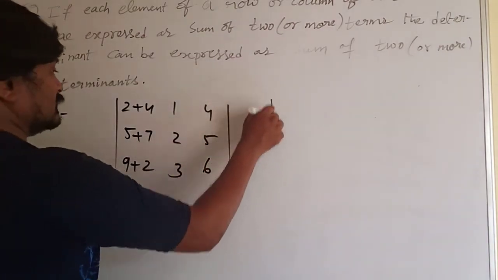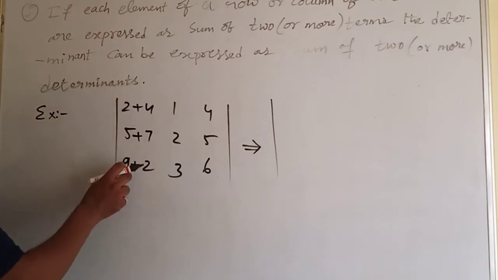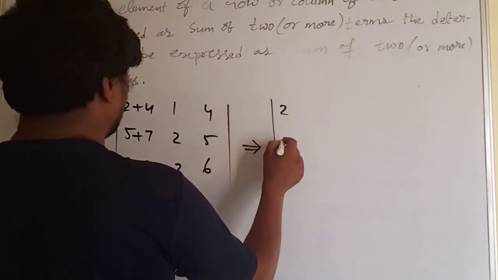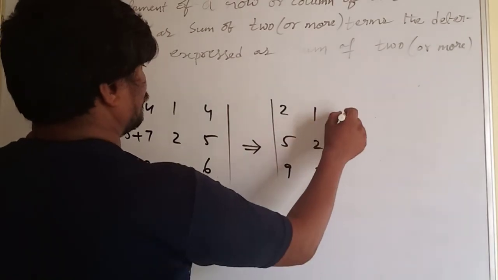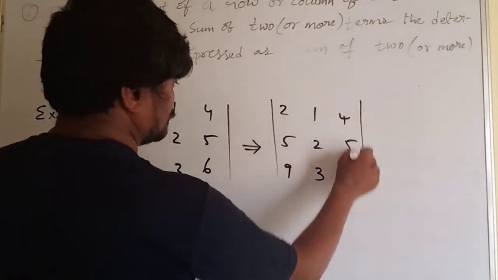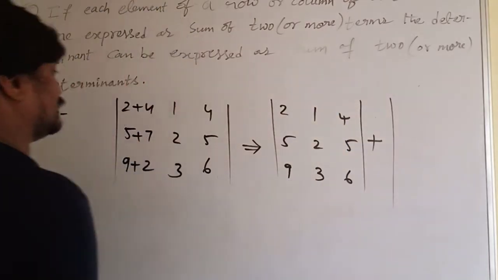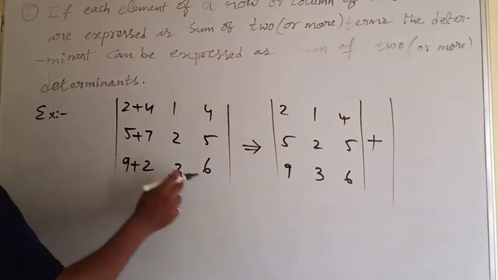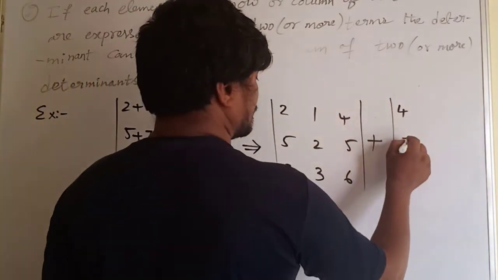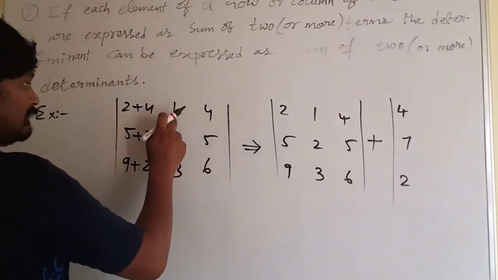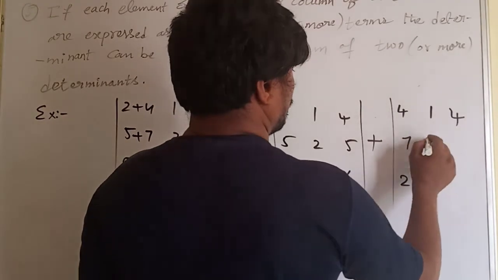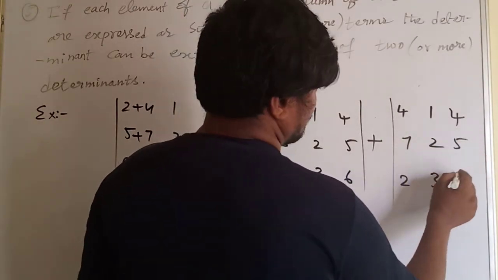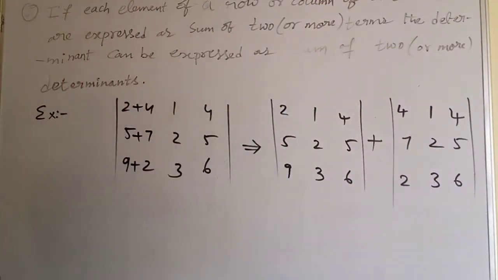First write only the first column 2, 5, 9, with 1, 2, 3, 4, 5, 6, plus another determinant with 4, 7, 2, which is added, and the remaining 1, 4, 2, 5, 3, 6. In this way we can write it.